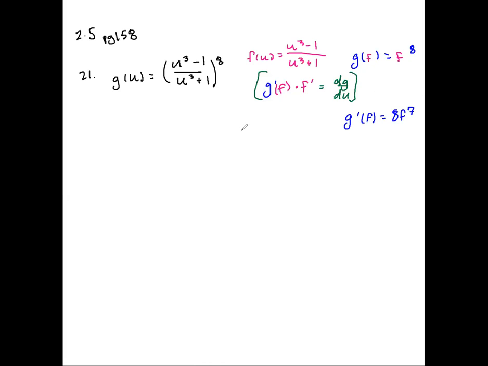And then f prime of u is going to be requiring the quotient rule from the previous set of lectures, in which we'll call h of u, which is equal to u cubed minus 1, and then over we'll call this j of u, which is u cubed plus 1.